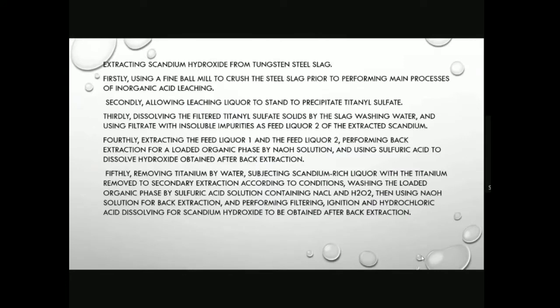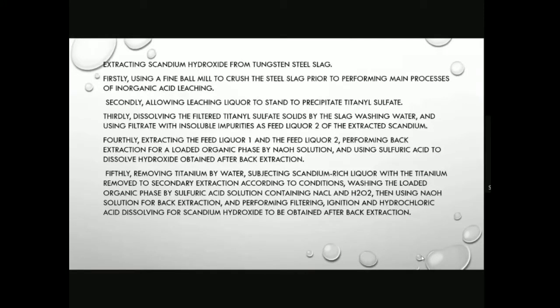We can extract scandium hydroxide from tungsten steel slag. The method includes the following steps. Firstly, using a fine ball mill to crush the steel slag prior to performing the main process of inorganic acid leaching, organic solvent extraction, oxide precipitation, and the like, and enabling scandium in the tungsten steel slag to leach with the aid of sulfuric acid.